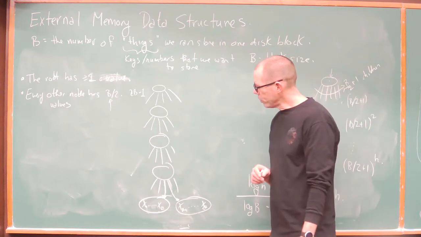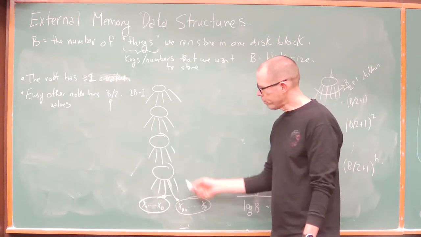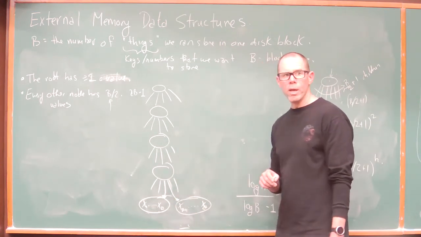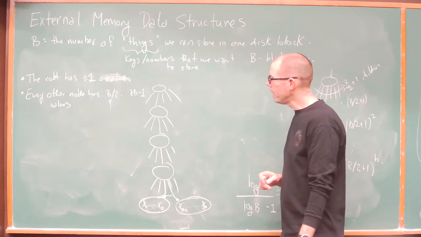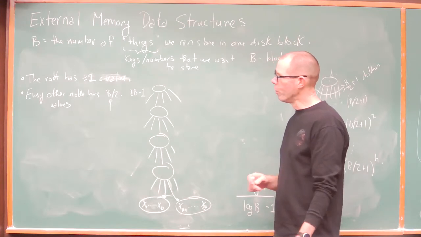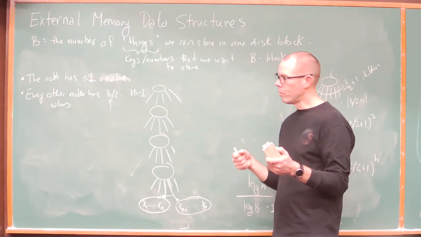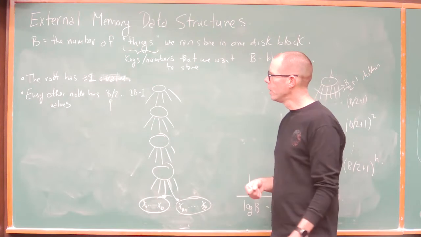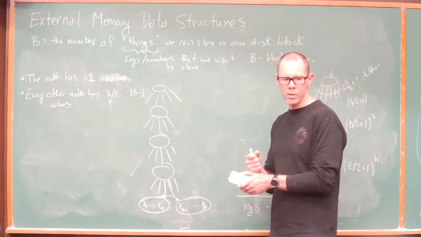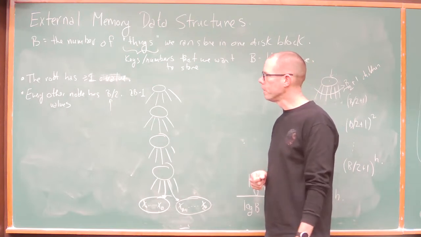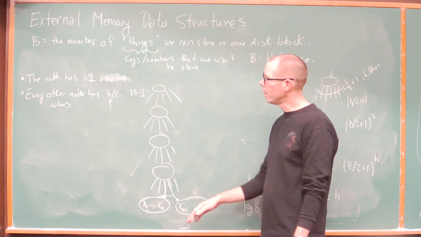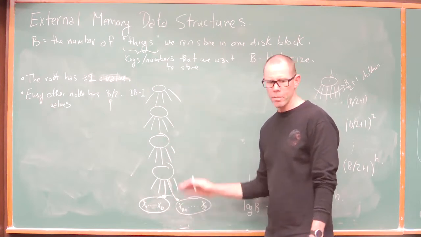And that something is you either borrow from one of your neighbors, or if you can't borrow from a neighbor, because both of you have only b over 2 values, you can merge those 2 neighbors into one node of size b. And again, that may propagate up the tree.